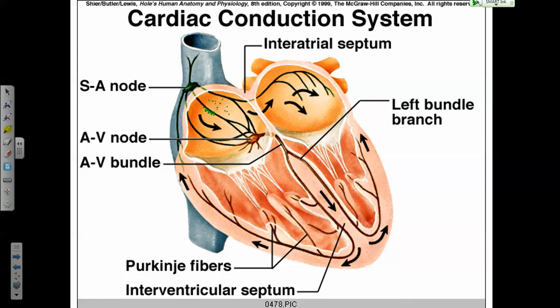Okay? So the impulses are flowing in just some areas on the heart. There's a very special area of a mass of these conducting cells in the upper right wall of the right atrium, and it's called the sinoatrial node. And those are some of the few cells in the heart that actually receive a stimulus from the central nervous system. Okay?